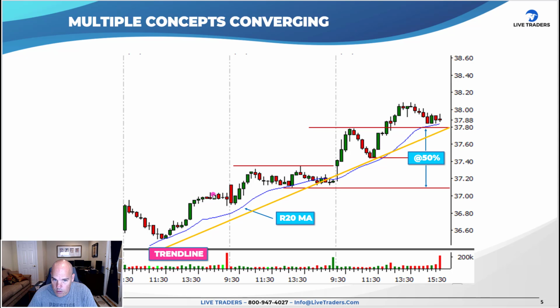If you take a look at when it goes sideways, it's going back towards the moving average, goes higher, gets a little far away from the moving average, goes back towards the moving average, moves higher again, gets far away from the moving average, pulls back towards the moving average. You see the trend.